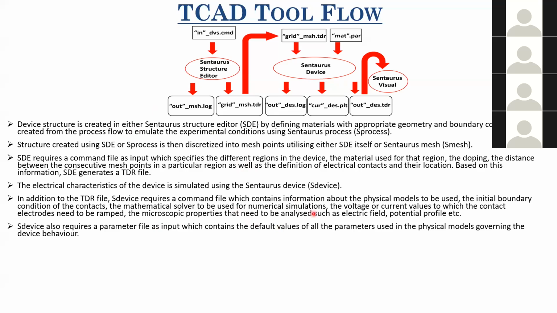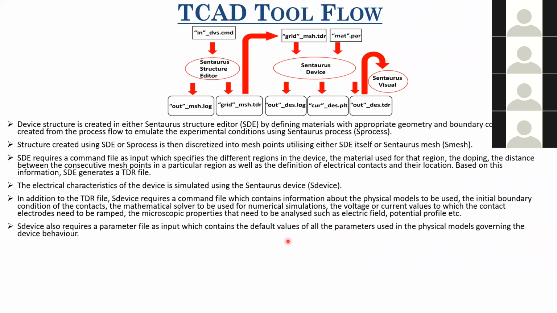So apart from all these things, S-device also requires a parameter file. So what is a parameter file? The parameter file contains all the default values of the parameters of these physical models. As I told before, the parameters of these physical models are calibrated to some experimental data.